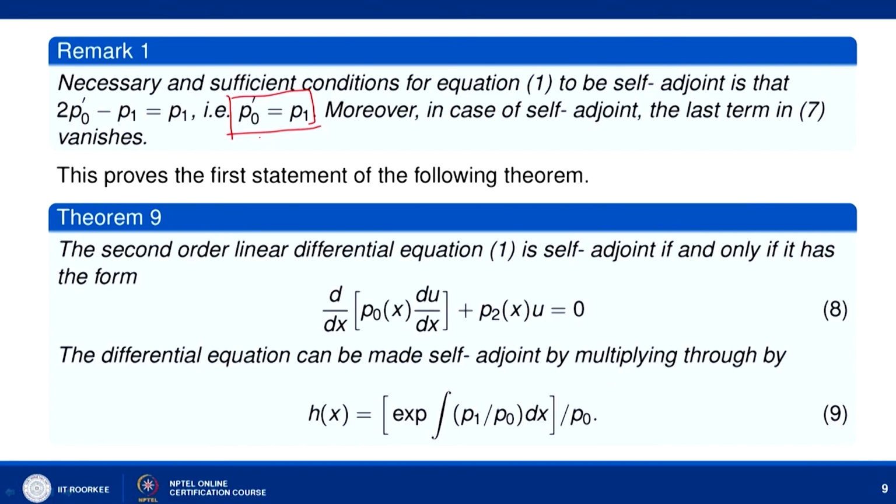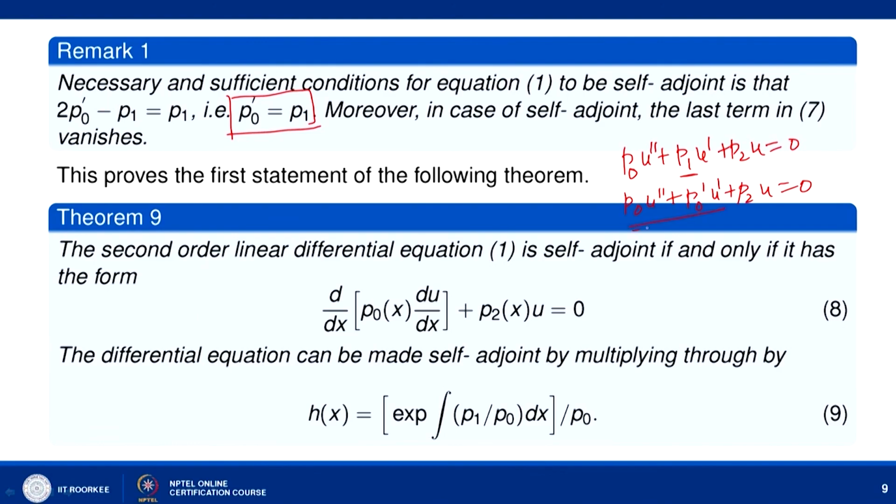The following theorem says that the second order linear differential equation 1 is self adjoint if and only if it has the following form. Our equation reduces to p naught u double dash plus p1 u dash plus p2 u equal to 0. In place of p1 I can write p naught dash, so p naught u double dash plus p naught dash u dash plus p2 u equal to 0.